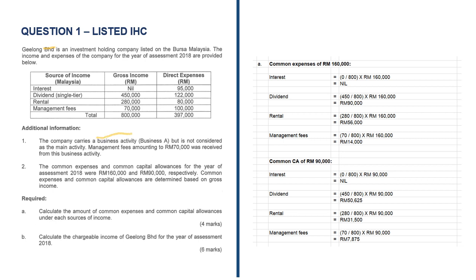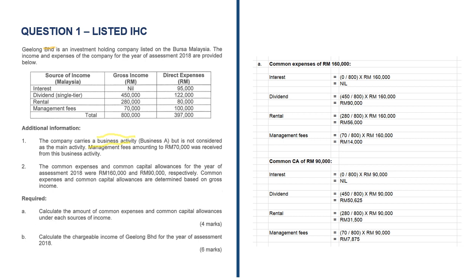So selain daripada buat investment, sebabnya IHC dia punya main activity is holding of investment. Selain daripada holding of investment, Geelong ni juga ada buat business activity, business A, but it is not considered as the main activity. Hasil daripada buat business tu, dia dapat management fee, okay, management fee sebanyak 70,000.